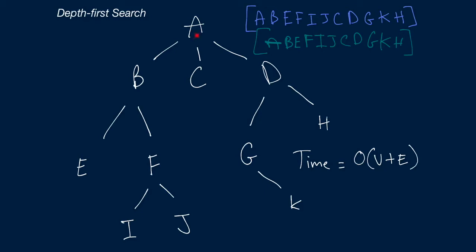So you'll notice here when we were at A, we had 3 children nodes because we had 3 edges coming out of A. When we're at B, we have 2 children nodes because we have 2 edges coming out of B. However, when we're at C, for instance, there are no children nodes, so we don't call the depth first search function on other nodes, and there are no edges here, and that kind of reflects this. And so that's why the time complexity is going to be O of V plus E.